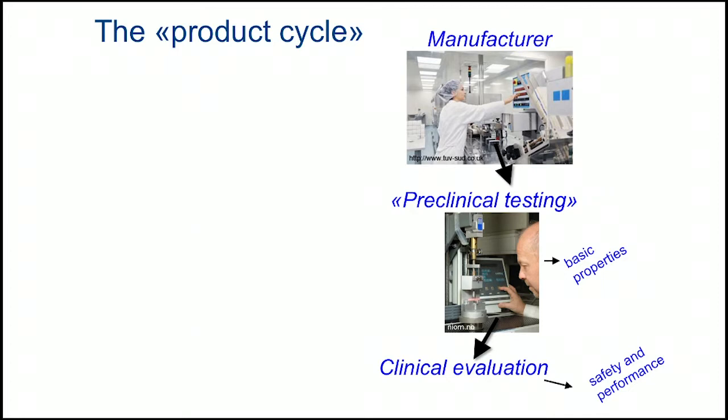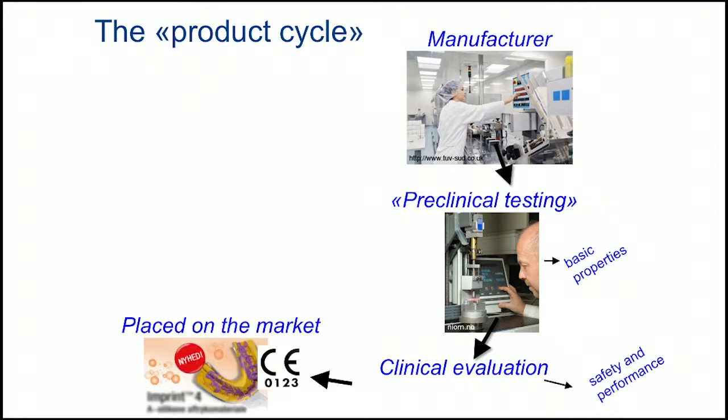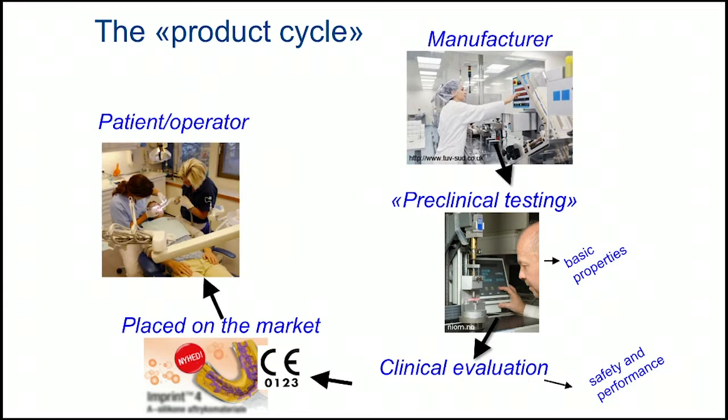It should be noted that it's not necessary for the manufacturer to do actual clinical trials with the specific product. It could be sufficient to claim substantial equivalence with an existing product. If that's found okay by the unit providing the CE mark, then it can be placed on the market and it will be available to us as operators.